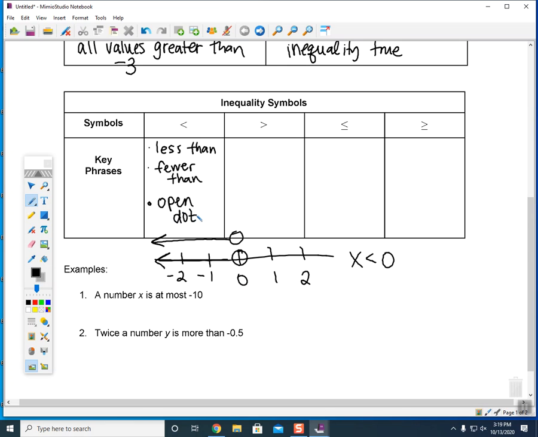Our next one here then is greater than. Okay, greater than.